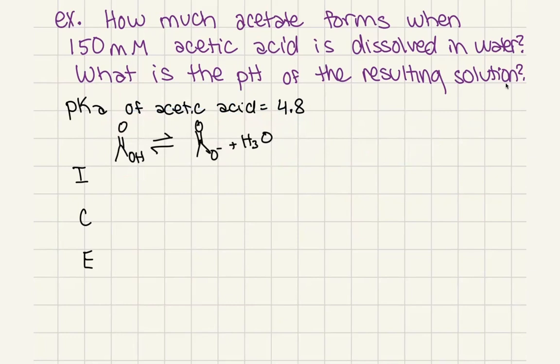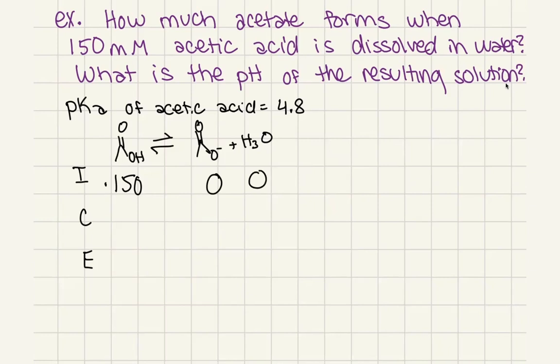So if we think about our initial concentrations, we're given that the concentration of our acid is 0.150, because we want to be in molarity and not in millimolars. And then our initial concentrations of these are going to be 0.